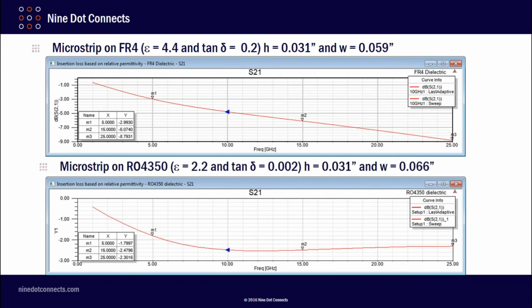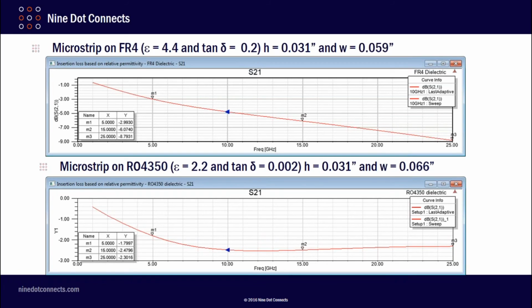Now with the Rogers material, keep in mind it's not the same scale, but notice the markers show significantly less loss at those 3 specific frequencies. So if you'll notice at 25 gigahertz we had 8.79 dB of loss, compared to 2.3.